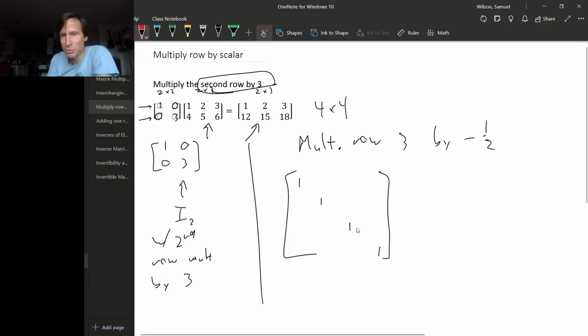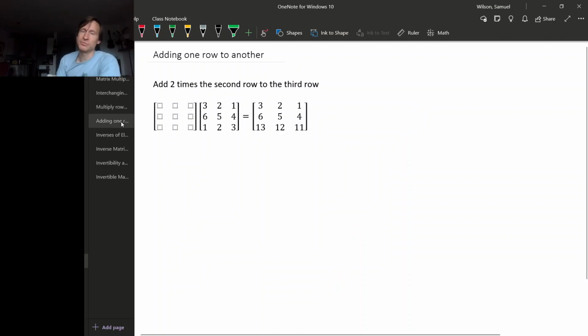So there's zeros everywhere else in the third row, but in this third position, just replace this plus 1 with minus a half. And this is the matrix that, when you multiply on the left by this matrix, performs this row operation.